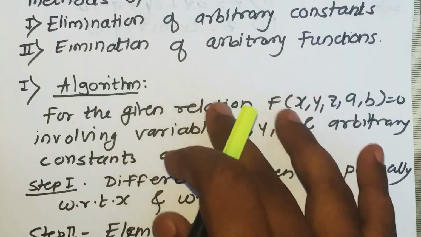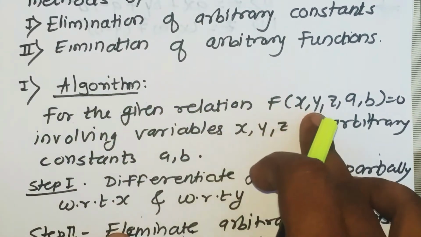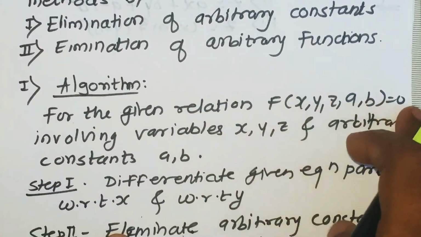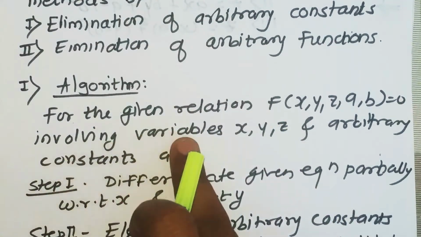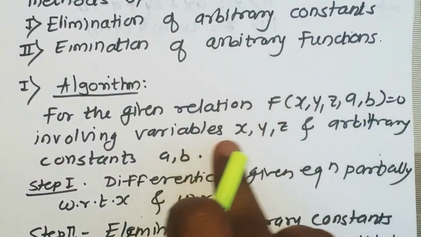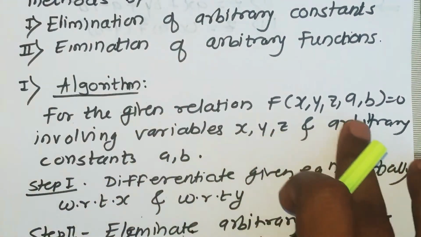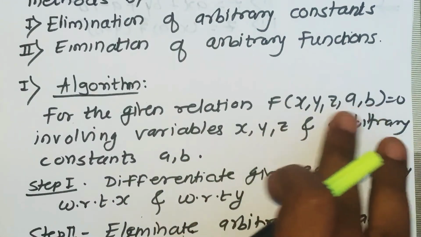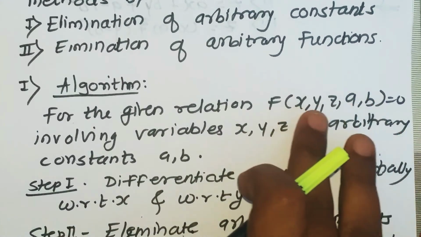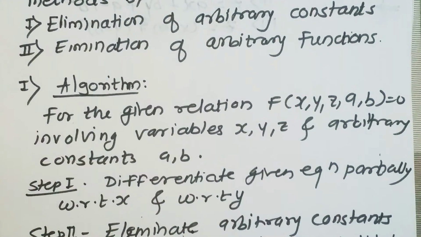For the given relation of the type f of x comma y comma z comma a comma b equal to 0, this relation involves variables x, y and z and arbitrary constants a and b. So a and b are the arbitrary constants involved in the given relation, and x, y, z are the three variables.